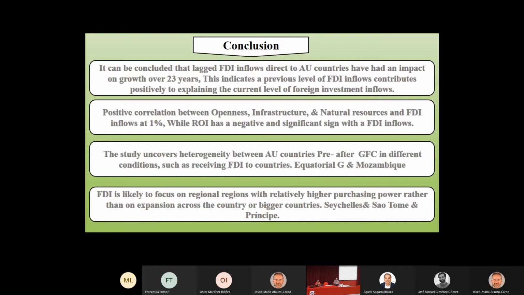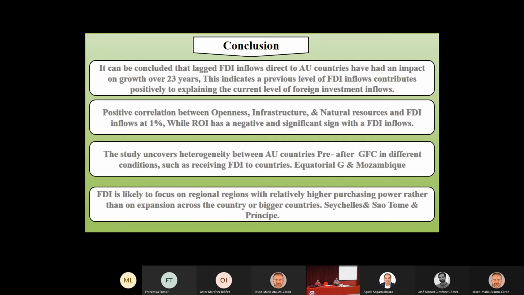Positive correlation between openness, infrastructure, and natural resources and FDI inflows at 1%. The study uncovers heterogeneity between African countries before and after the global financial crisis, in different conditions, such as receiving FDI in countries like Equatorial Guinea and Mozambique.